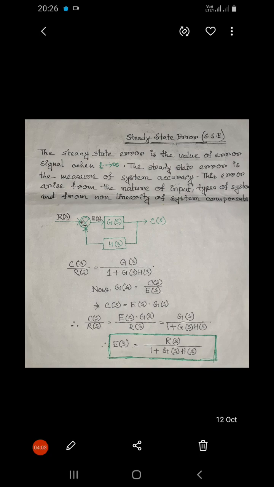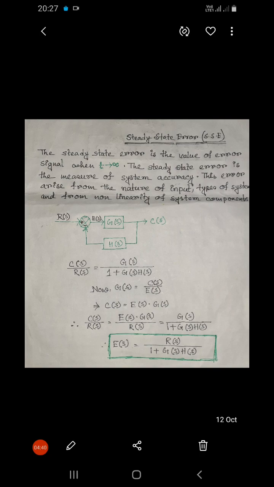Now from this equation, how will we get e(t)? This E(s), the error signal, is in the frequency domain.